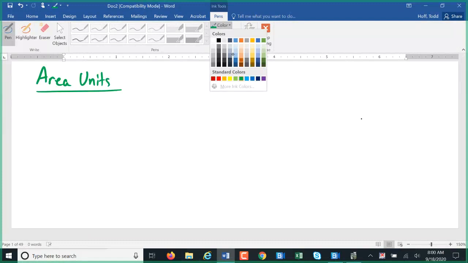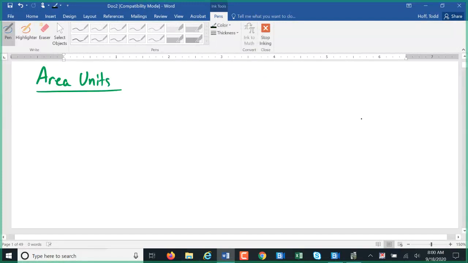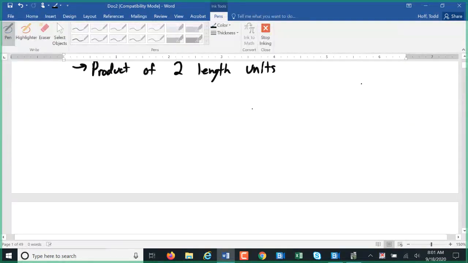And our area units are nothing more than a combination of our length units. It's the product of 2 length units. So our most common area units that we work with in the standard system are square inches and square feet.